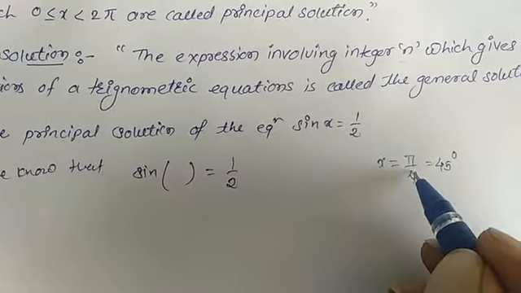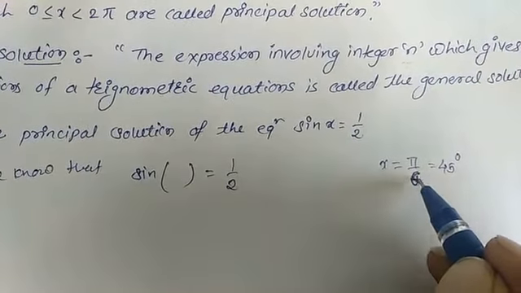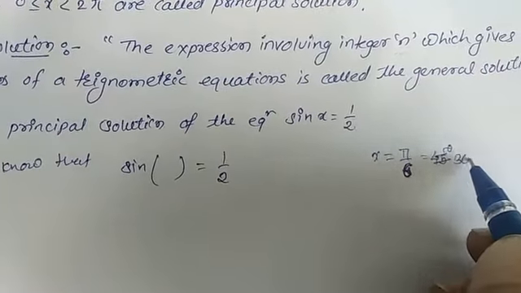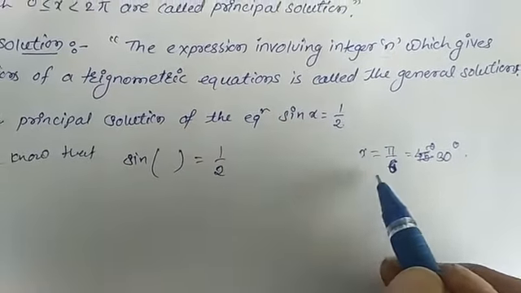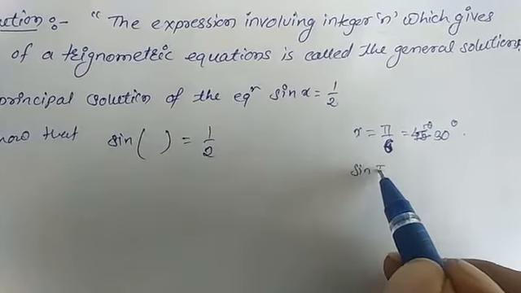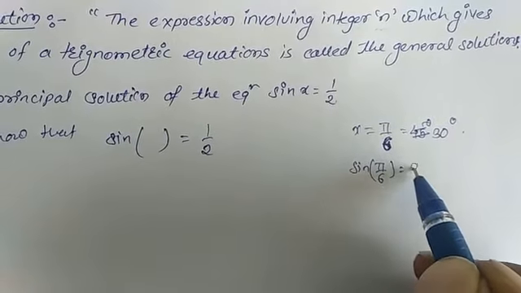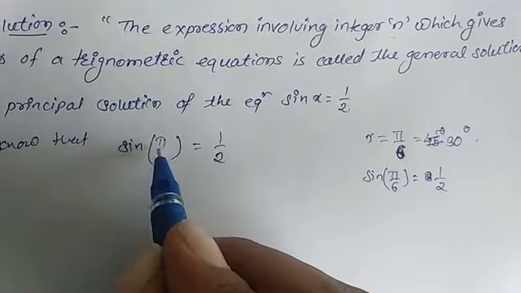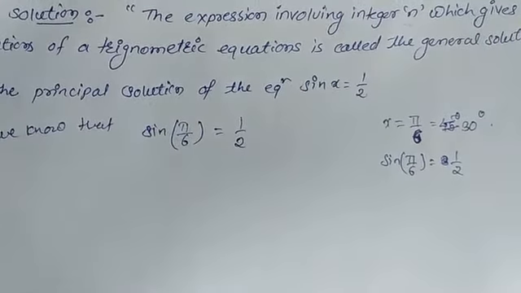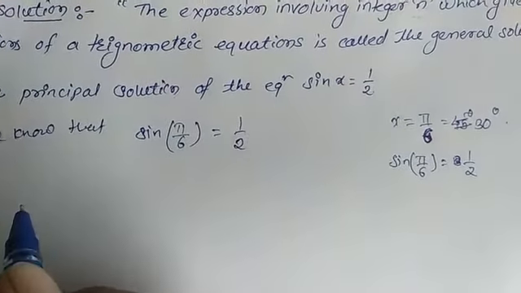It is x = π/6, that means for 30 degrees, sin π/6 is 1/2. So we know that sin π/6 is equal to 1/2.